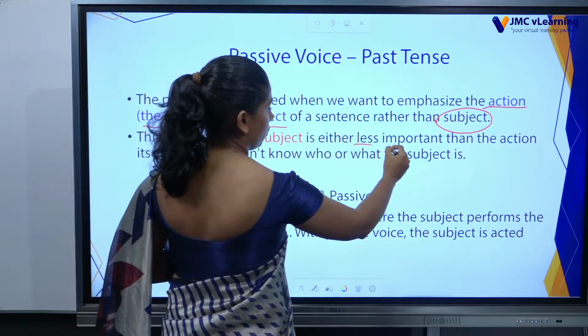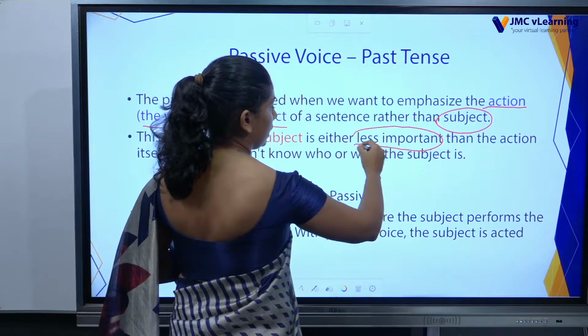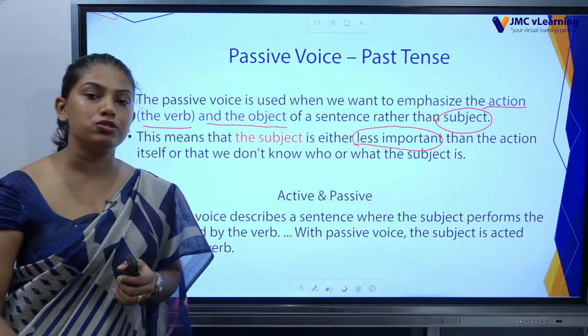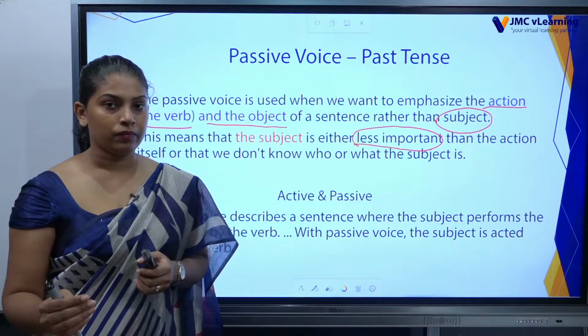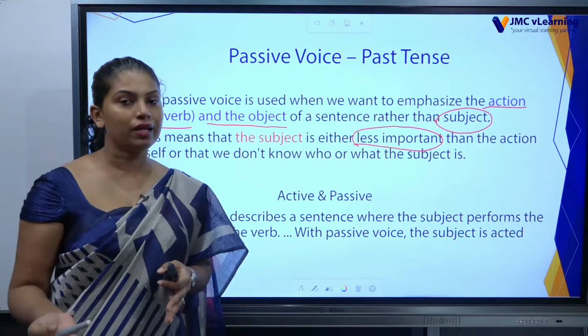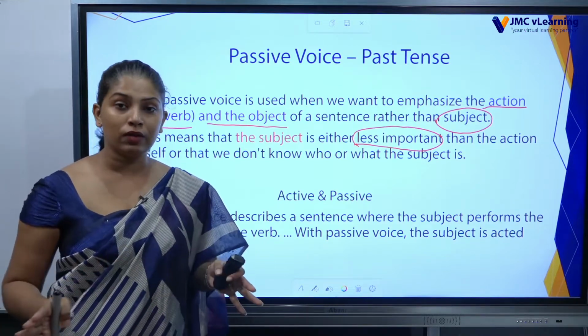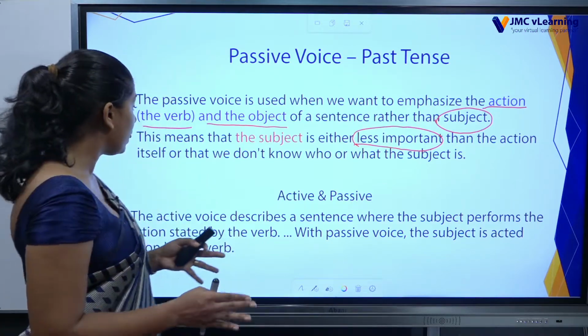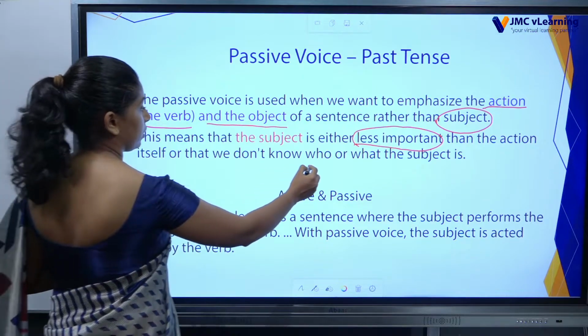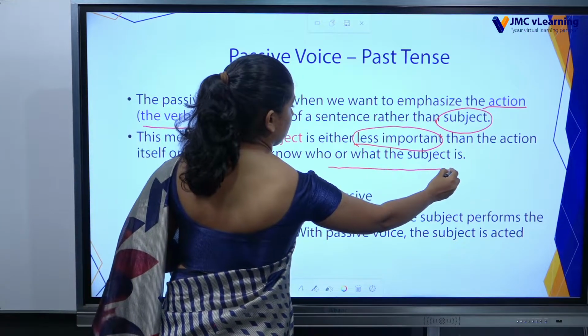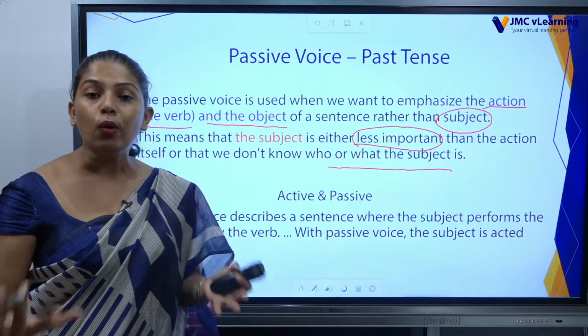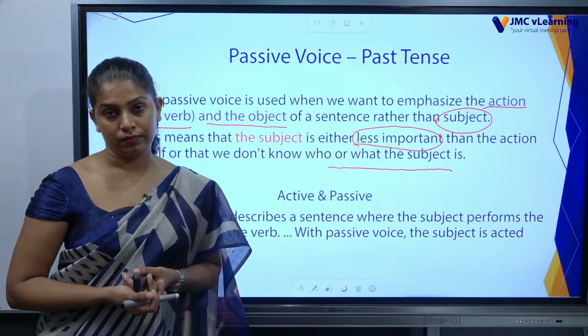Sometimes in passive voice we give less importance to the subject. Sometimes we can mention it if we know, but we are not giving importance to that. But sometimes we don't know who has done the action.